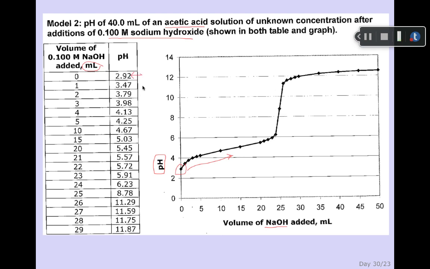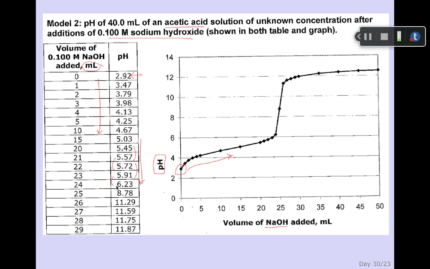And gradually it keeps increasing as you add more sodium hydroxide until they stop adding it by milliliters and add a little bit more because it was feeling too slow probably. And all of a sudden they get to a point where the pH changes less gradually, but all of a sudden very dramatically. If you look at it, the change in pH is small for each milliliter added for quite a while here.